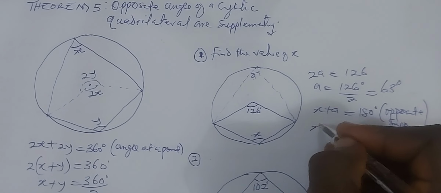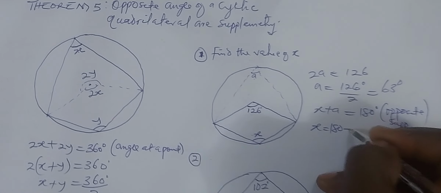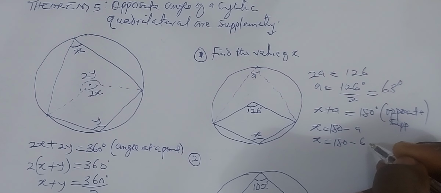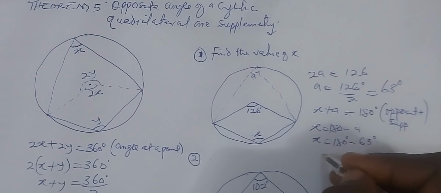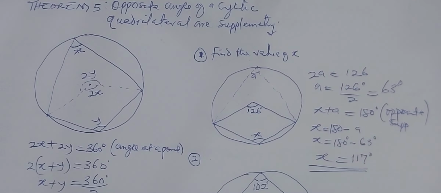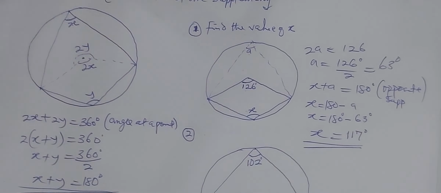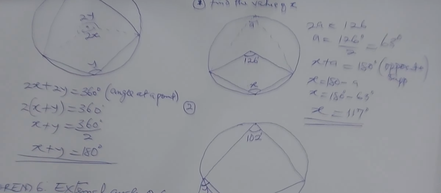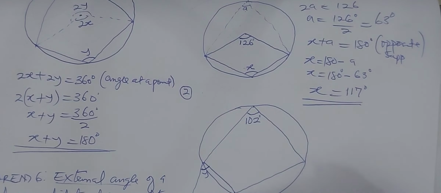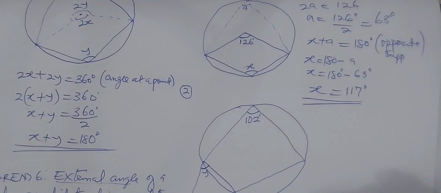So we now have x is equal to 180 minus a. Our x is equal to 180 minus 63 degrees. x is equal to 117 degrees. So that is the value of our x. It's as simple as ABCD. You can solve it anywhere. Take it to your room, take it to your class, take it to your village. You will still have the same answer.